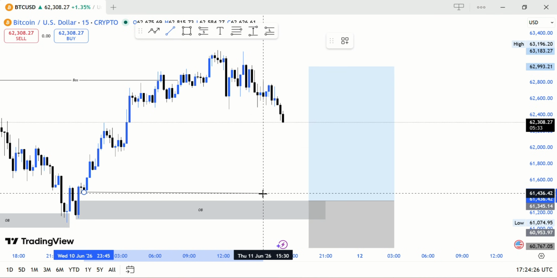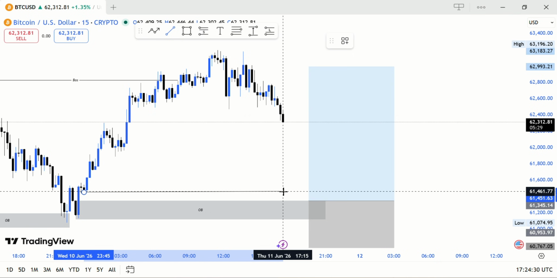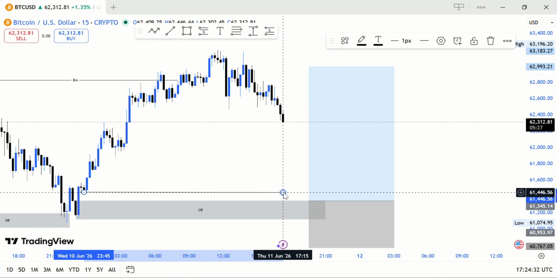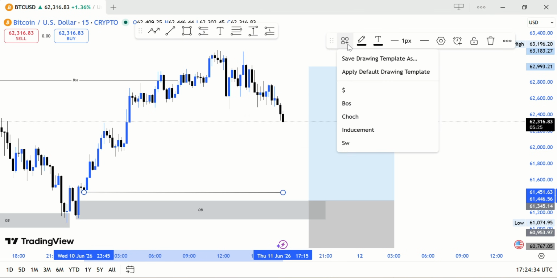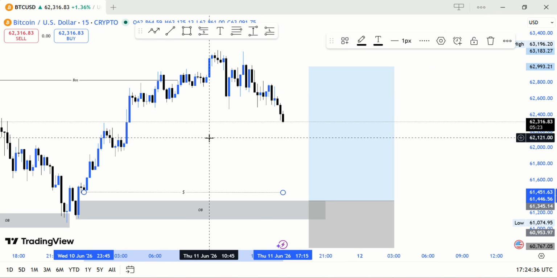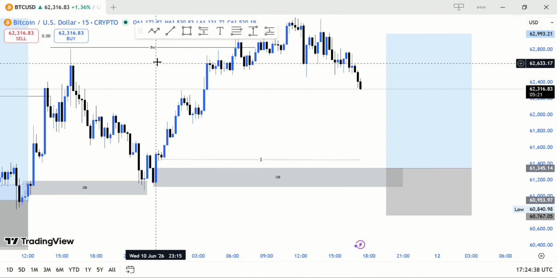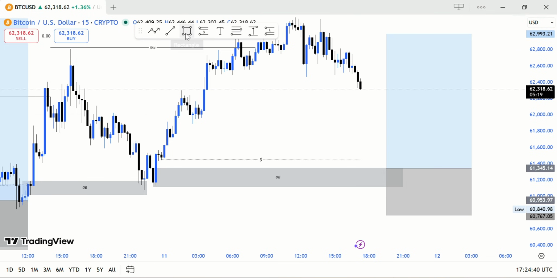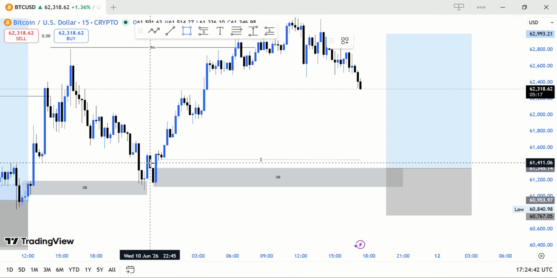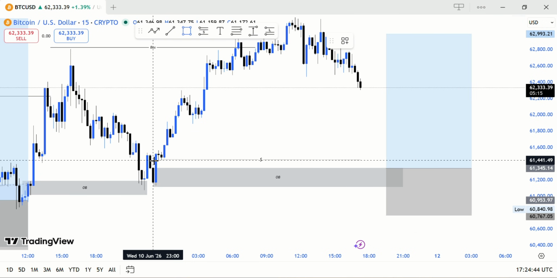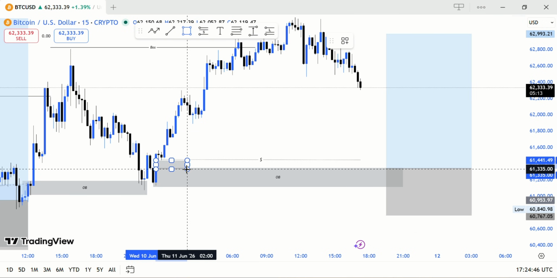I have this liquidity here. Liquidity is here, which to me is a very good one. I have my FVG at this point.